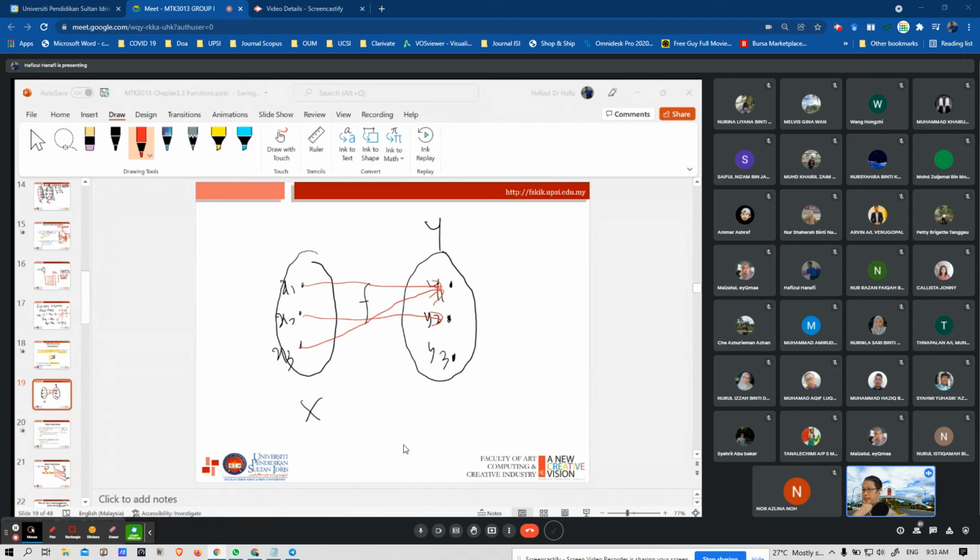It means that each of them needs to go to exactly one in the domain, and because in a function we have to use all the domain, it means that the size of X and Y, well, all of this is our domain, and then the size of the codomain.